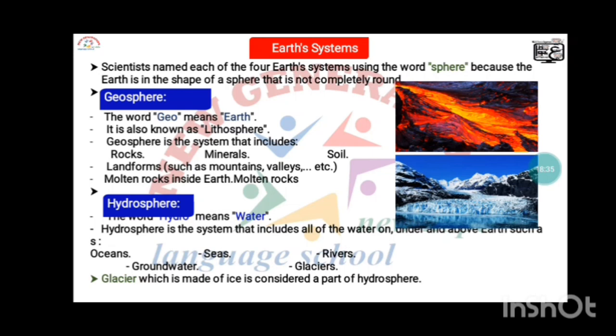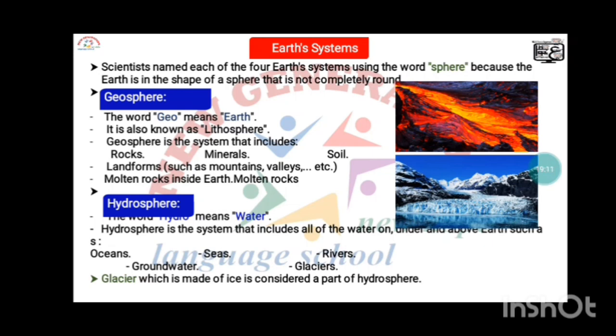The geosphere is the system that includes rocks, soil, sand, and minerals or nutrients, landforms such as mountains and valleys. Molten rocks inside the Earth are also part of the geosphere.